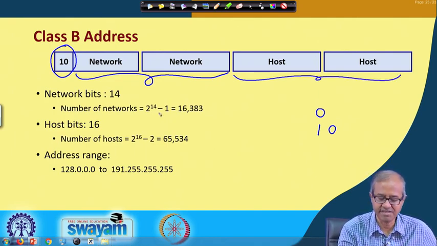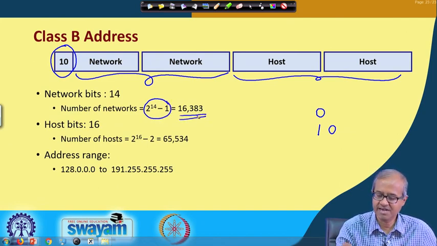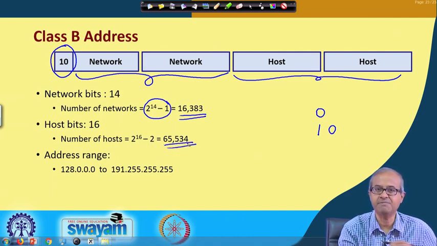So, similarly you can have 2 to the power 14 minus 1, which is about 16,000 networks, and each network can have 2 to the power 16 minus 2, about 65,000 computers. This is how class B networks are.